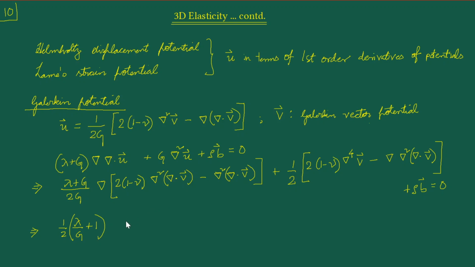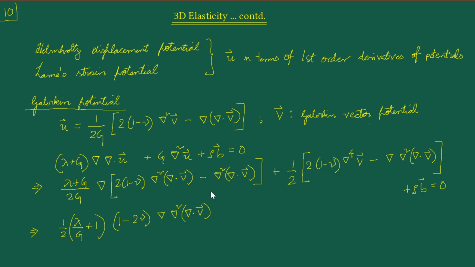So what I obtain is basically 1 minus twice nu, and this gradient, it can go inside. So what I obtain is basically gradient of the Laplacian of the divergence of the v vector. And please note that this term is kind of matching with this here. Okay, we'll see the consequence of that.